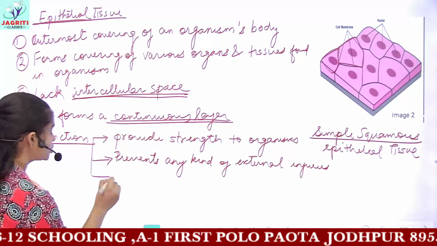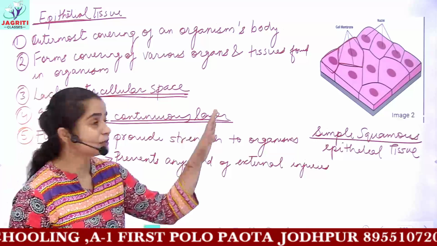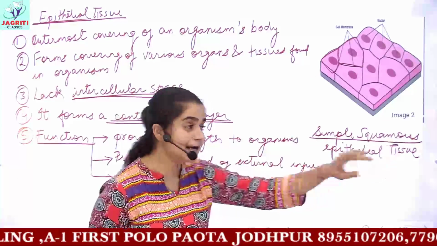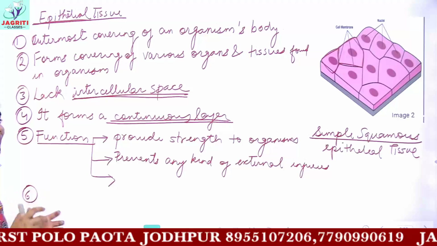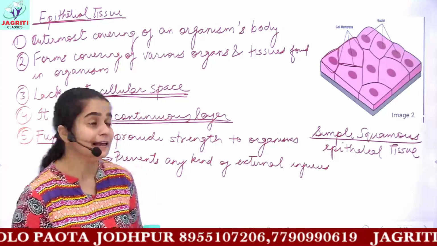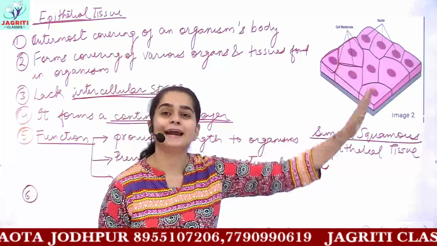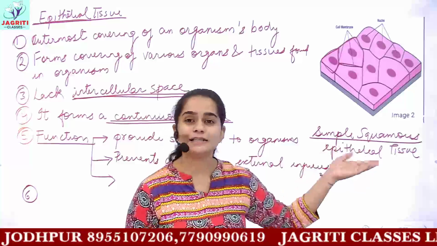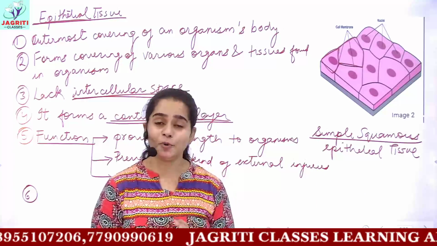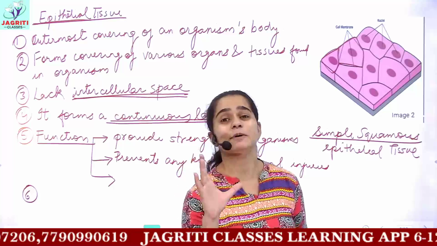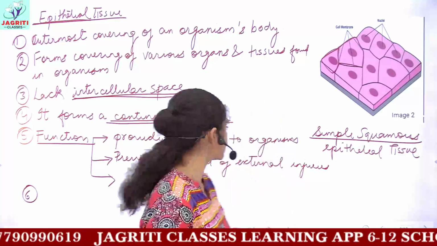And one more function would be that because this is present in the form of continuous layer, you can include that this tissue has different permeability on the basis of its different categories. That is, simple squamous is slightly permeable, but columnar or cuboidal epithelial is not as permeable as simple squamous.